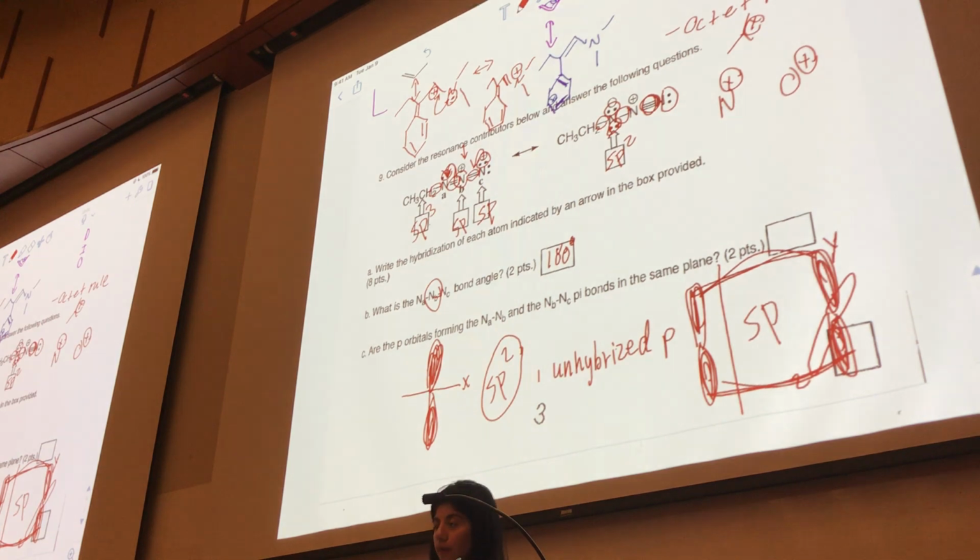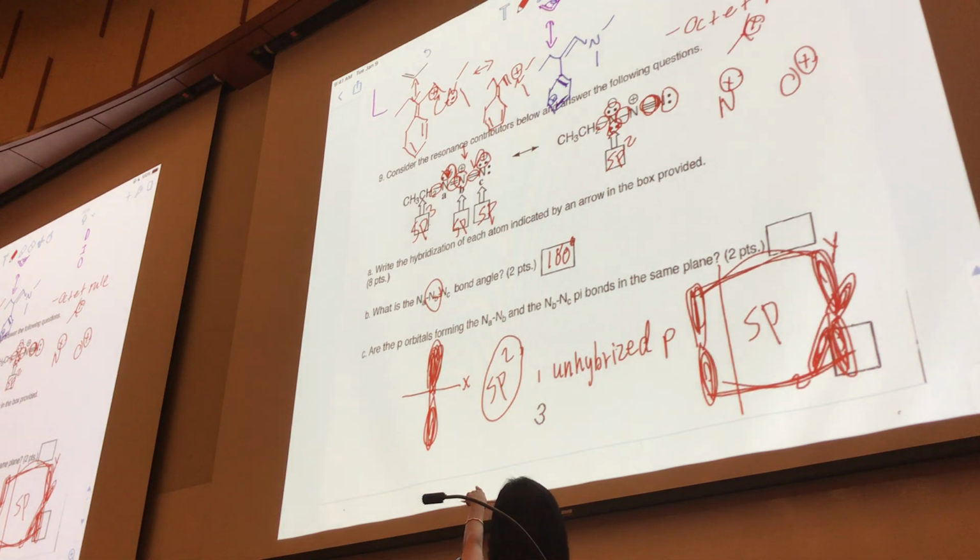So it has that other unhybridized orbital, which is this one that I'm coloring now. The other one does not have that. So only 1 of these pi orbitals are overlapping. This one on your left, right here, does not have one in the z direction. So because it does not, the answer is no.